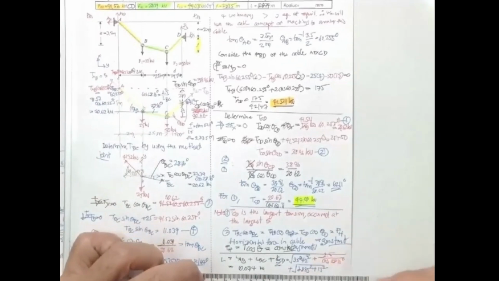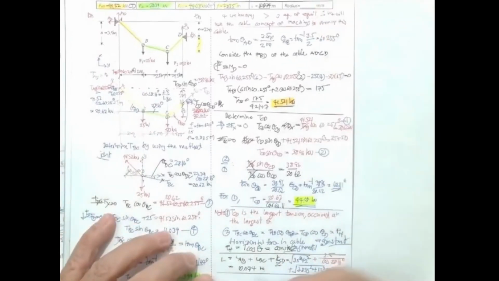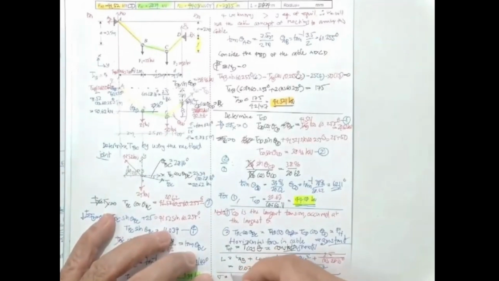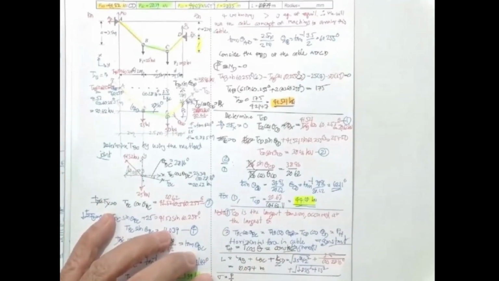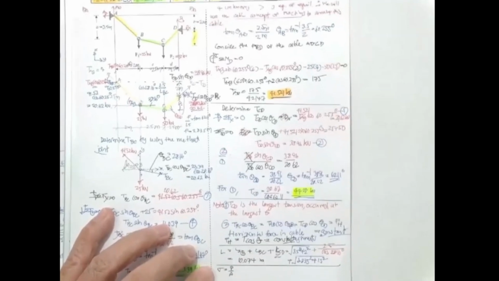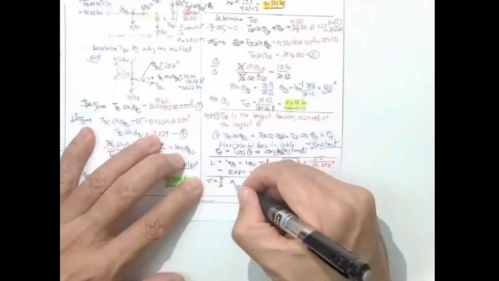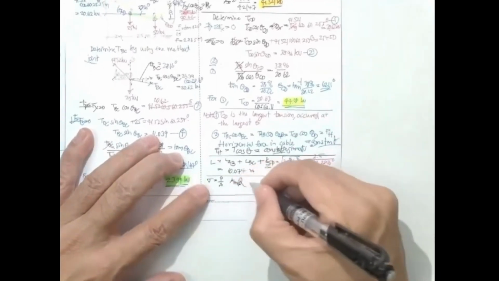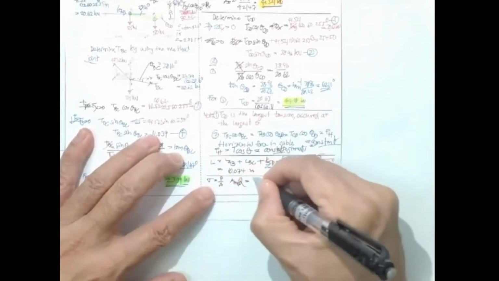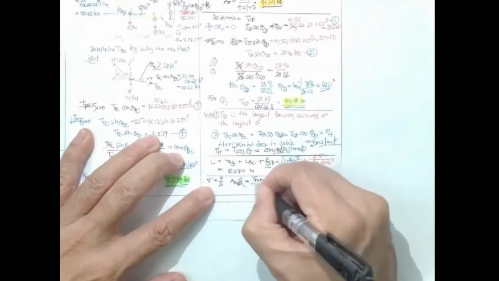Now, the final one, we determine our radius, right? This one. We have sigma equal to force divided by the area, right? We have the area that we're looking for, required. It's going to be T max divided by sigma allowed. Now, what is our T max?